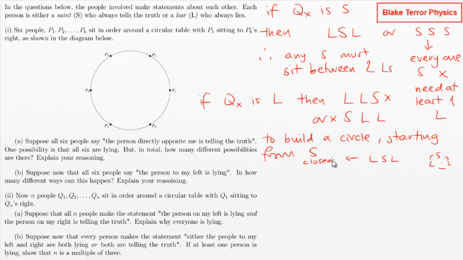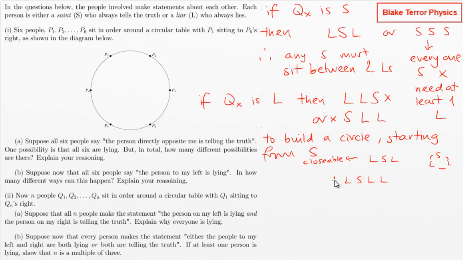That is closable, if that's a word. If we were going to build from this then, we have to have LSL. So the next one along would have to be an L. We don't have any choice. That's not closable. We can't close that at all.